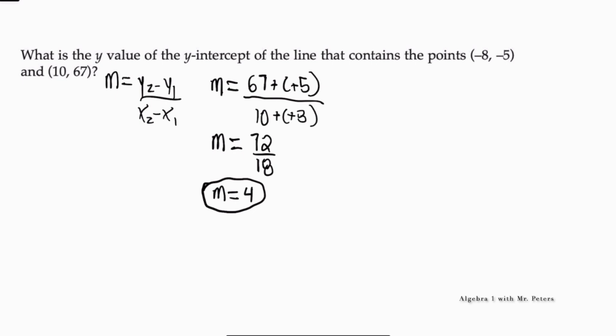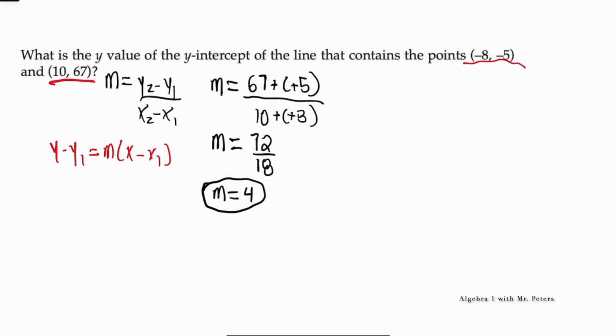Now, with this piece of information, there are 2 ways we could do this. I'm going to show you the more complicated way first, and then I'm going to show you what Peters recommends. So the more complicated way is to use the point-slope formula. Y minus y1 is equal to our slope times x minus x1. We could use either of these 2 points.